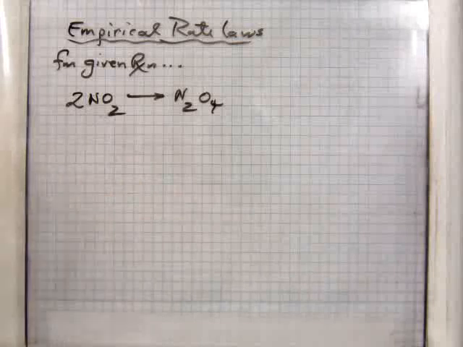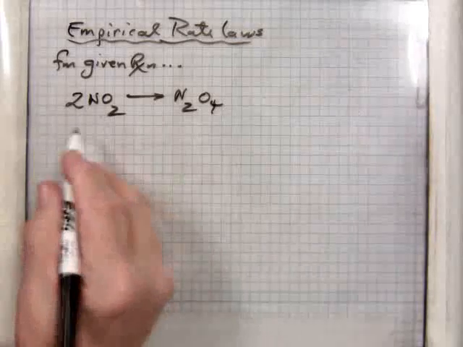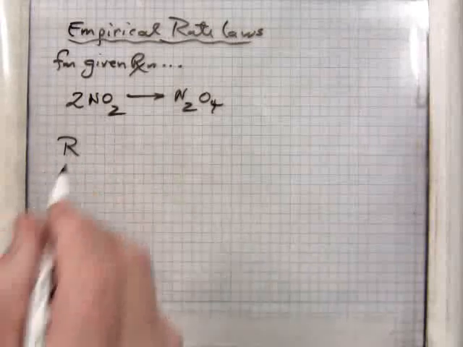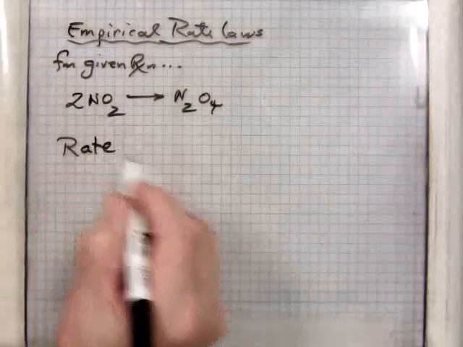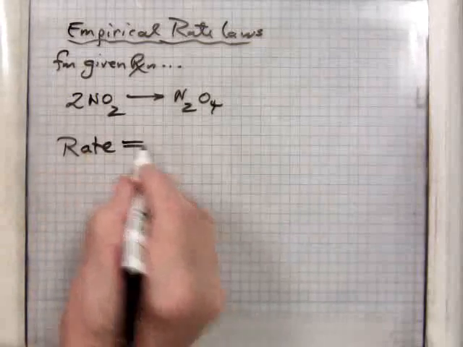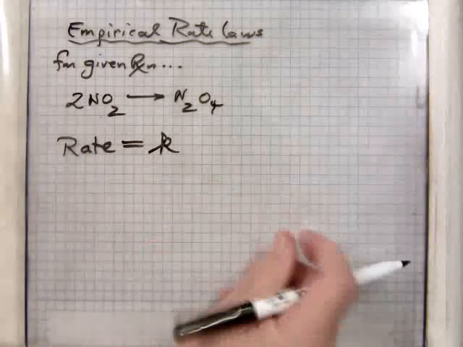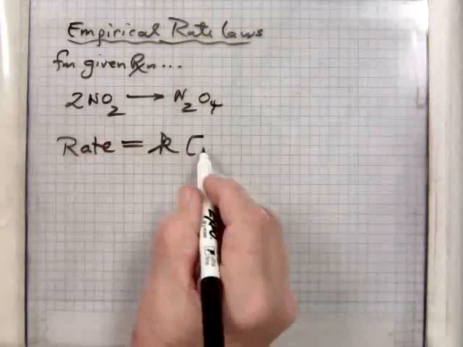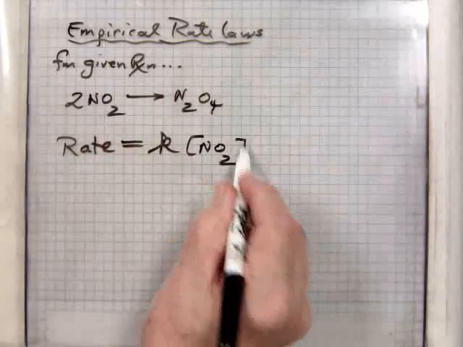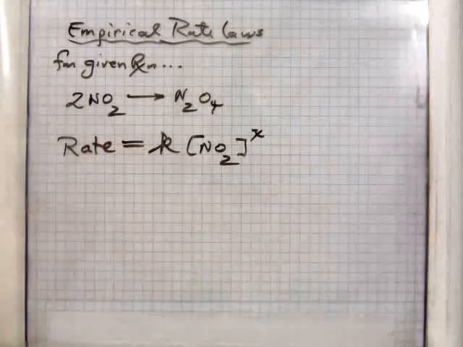The next one will be a 2 component, then a 3 component, and so forth. So the empirical rate expression for this reaction: you write rate equals k, which is your rate constant for that reaction, times the molar concentration of nitrogen dioxide raised to the x power.